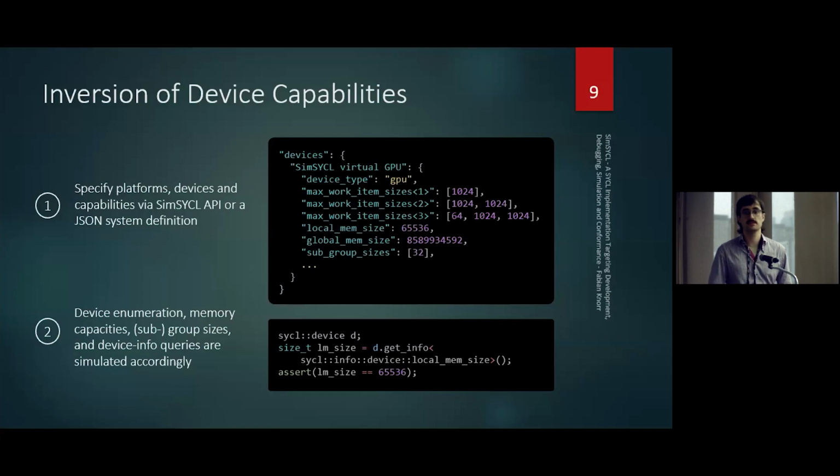But for SimSYCL, you do it the other way around. You tell SimSYCL what kind of GPUs you want to see emulated or simulated on your system, and when you enumerate devices, it will give you exactly that.